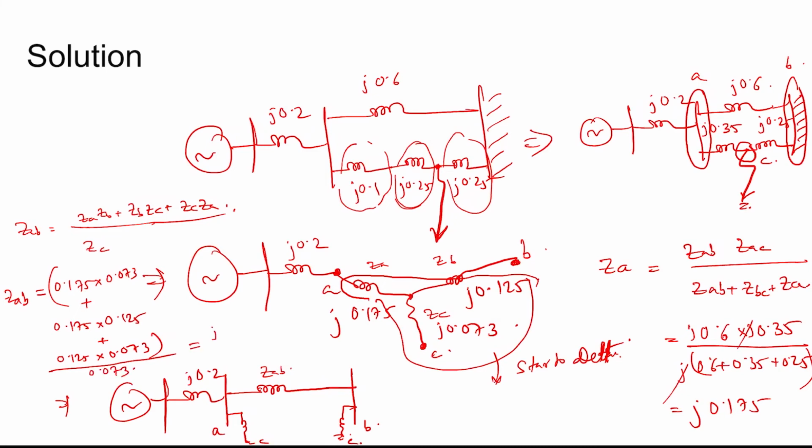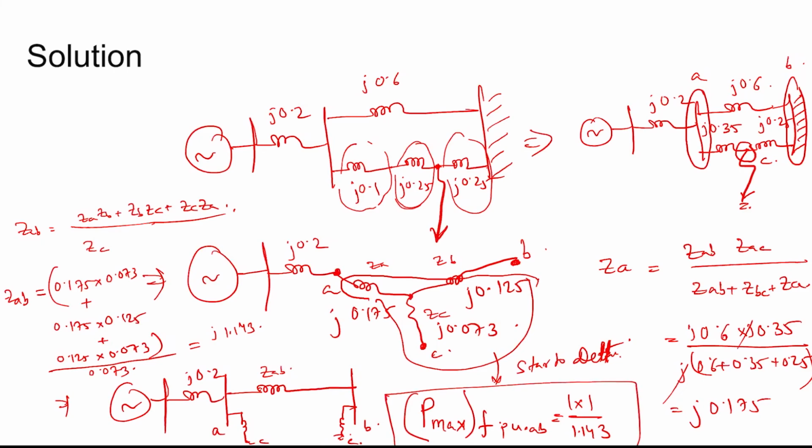It comes out as j1.143. So P max at the faulted condition in per unit between A and B is 1 into 1 divided by 1.143. So this is during the faulted condition.